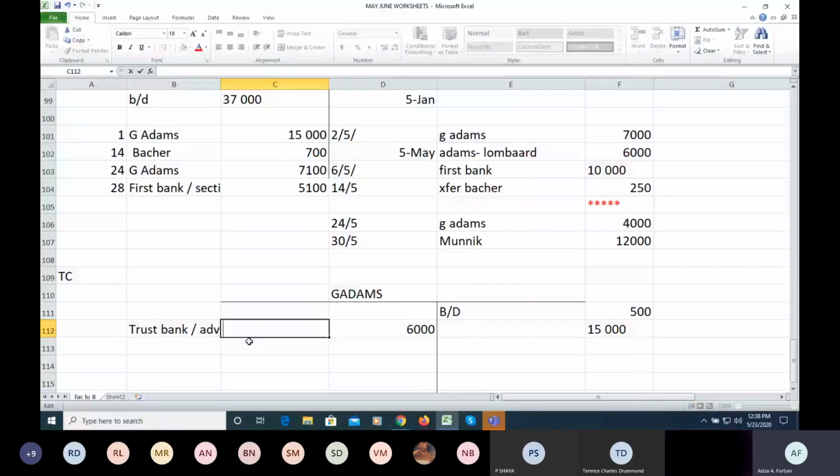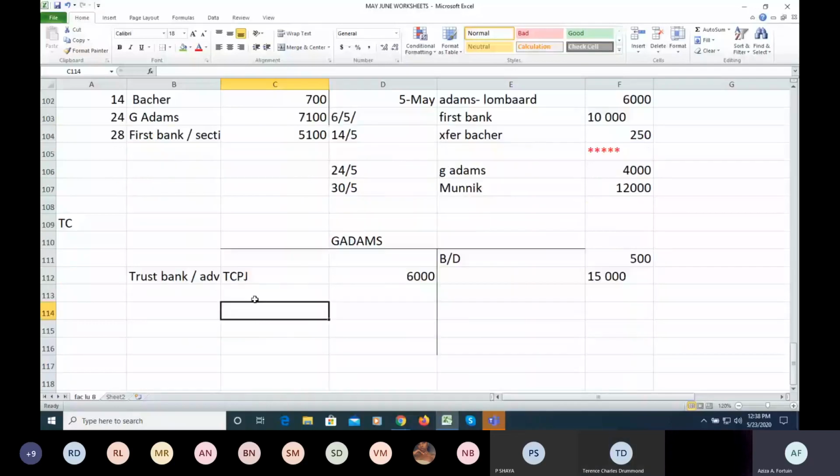We know that 4,000 rand was transferred to the client account for G Adams.